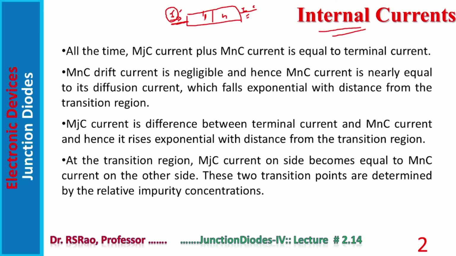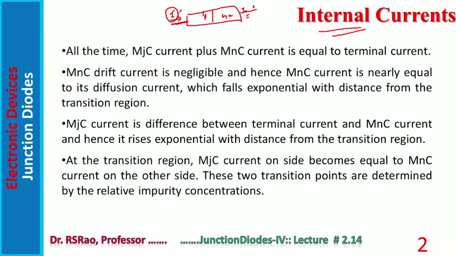The current due to holes in P region is called majority carrier current in P region. The current due to flow of electrons in P region is called minority carrier current in P region. Similarly, when we come to N region, the current component due to flow of electrons is called majority carrier current.